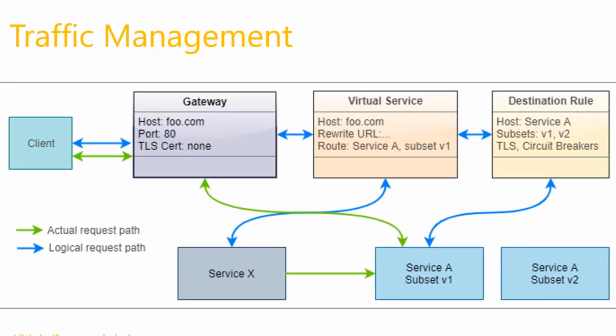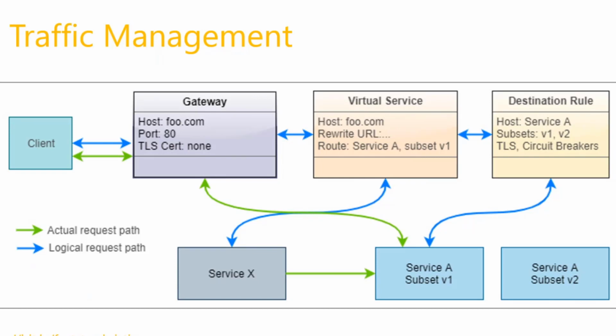The request would first meet the gateway API. Here you can see that the gateway API is configured to allow only the hostname foo.com on port 80. Since the request fulfills these criteria, it would move on.